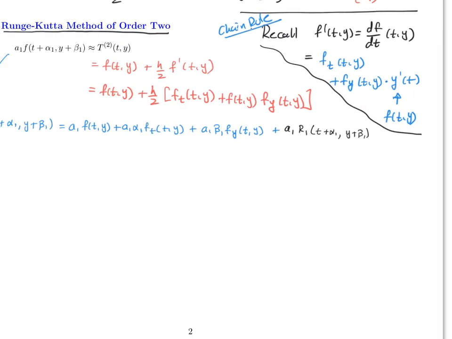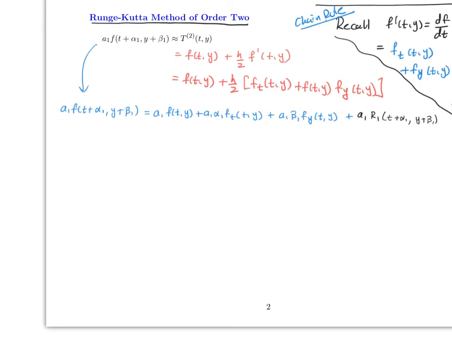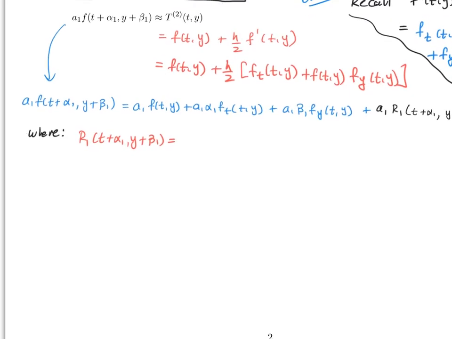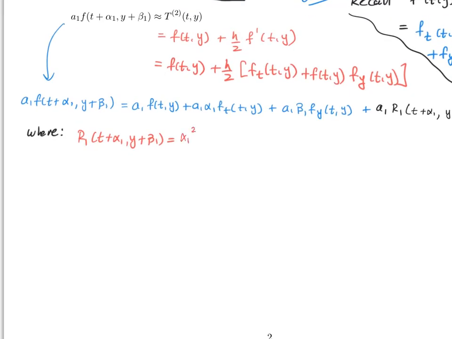Okay, so where r1 of t plus alpha 1, y plus beta 1 should equal alpha 1 squared over 2.